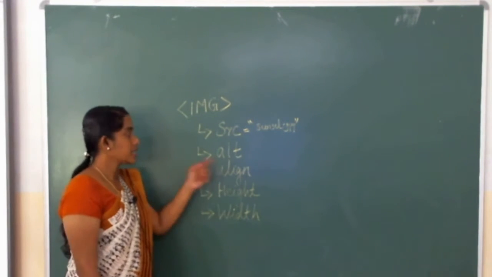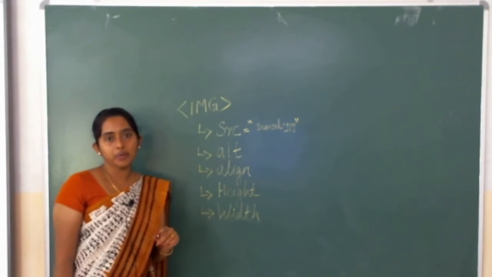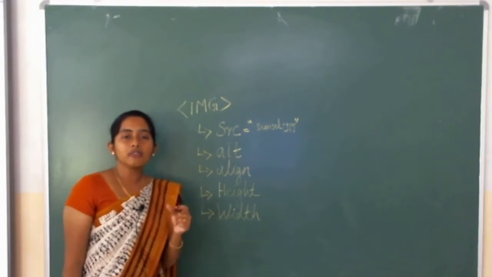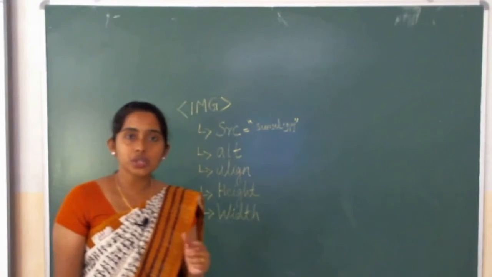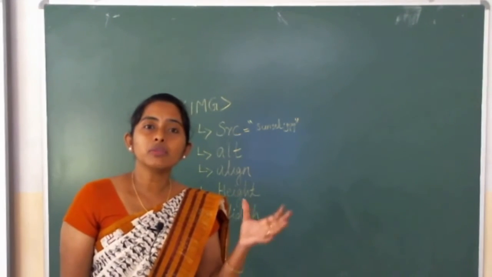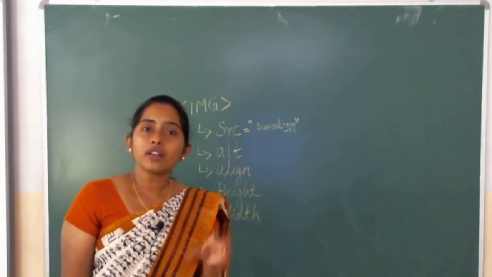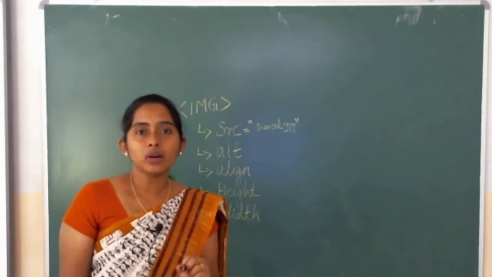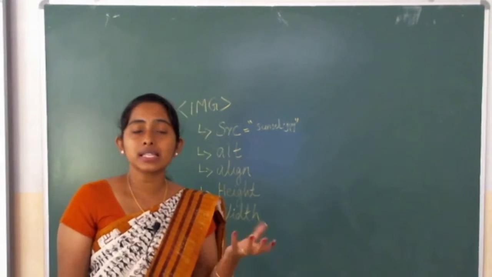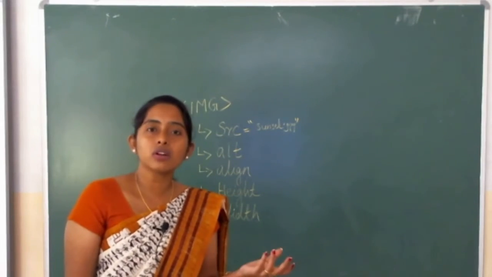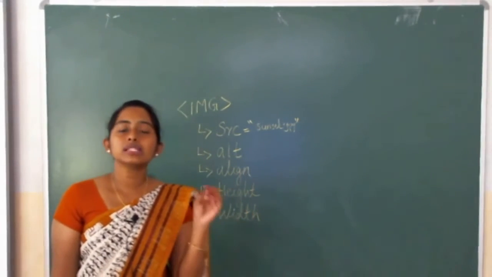The next one is the alt attribute. Sometimes if you are facing a network issue, if the network is not there and you open a particular website or web page in your web browser, what will happen? Can you see any images? No. Instead of that, sometimes you can see a message.